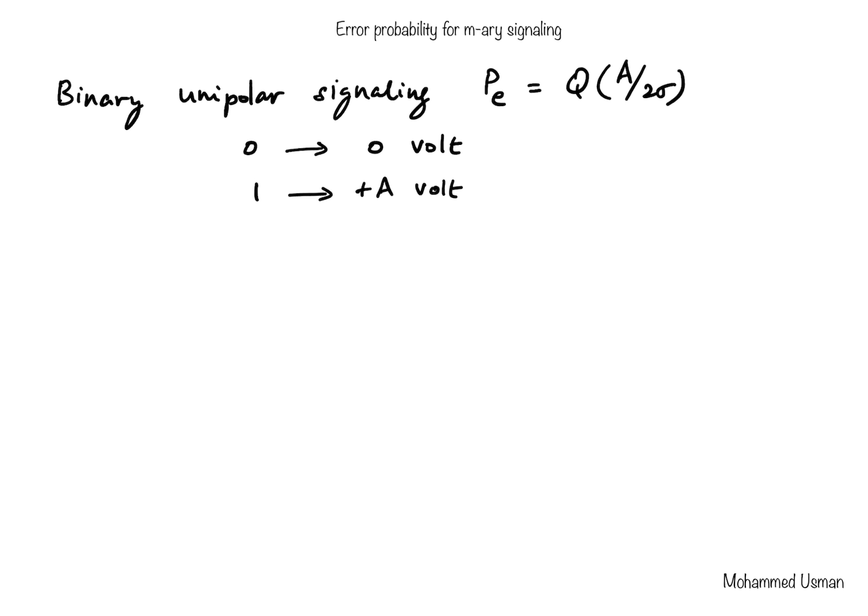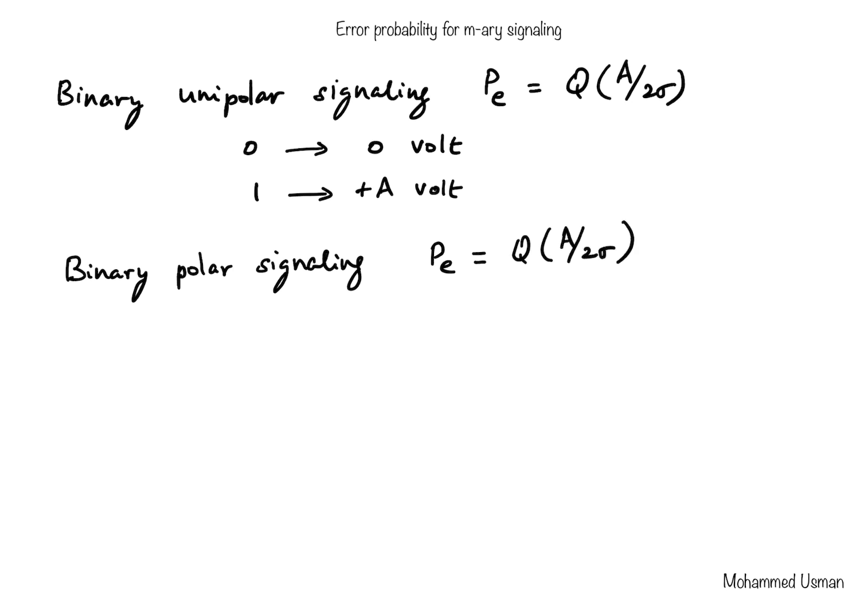Similarly, we did an analysis for binary polar signaling. And we again got the error probability PE as the Q function of A by 2 sigma.